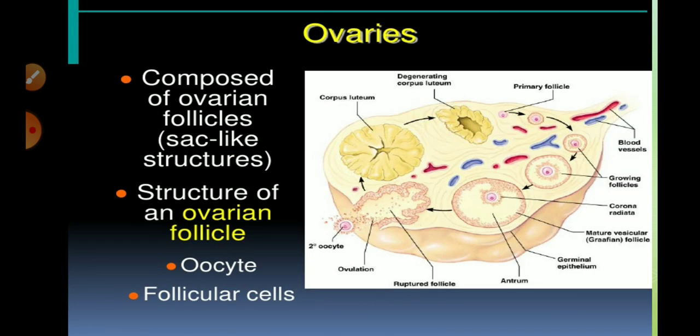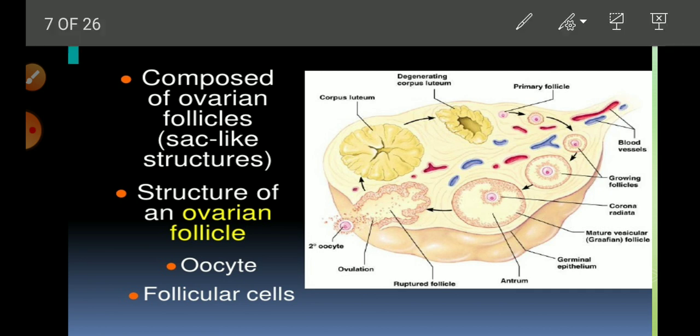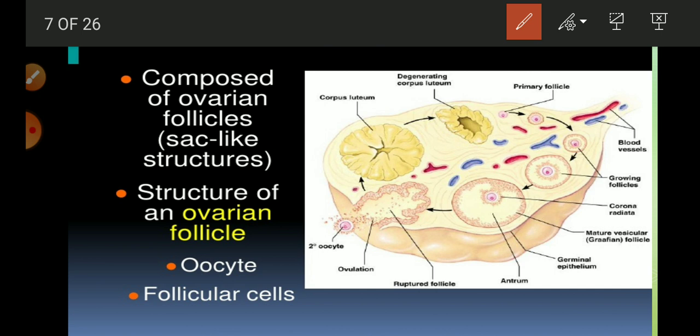So now we'll see here the ovaries, two ovaries are there, one on each side. These follicles are sac-like structures, and in the structure of the ovary, if we see, these are called oocytes, and they are present in the follicular cells.